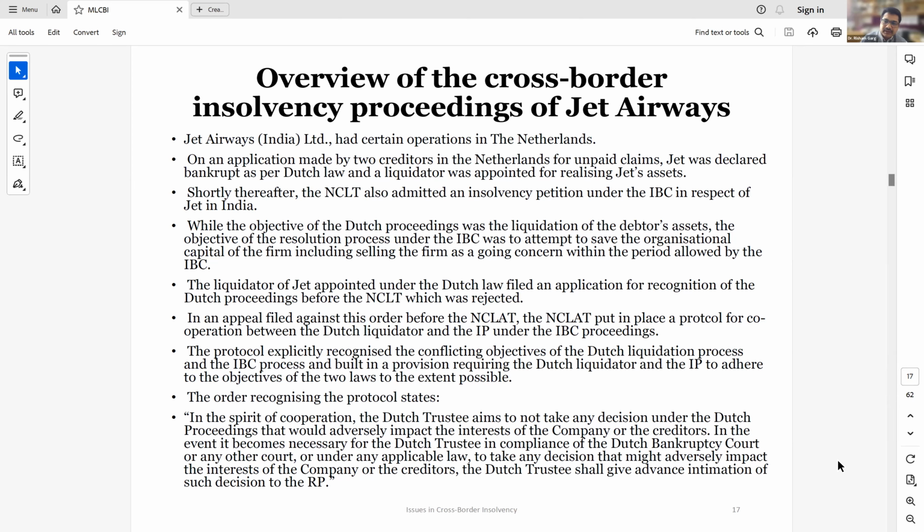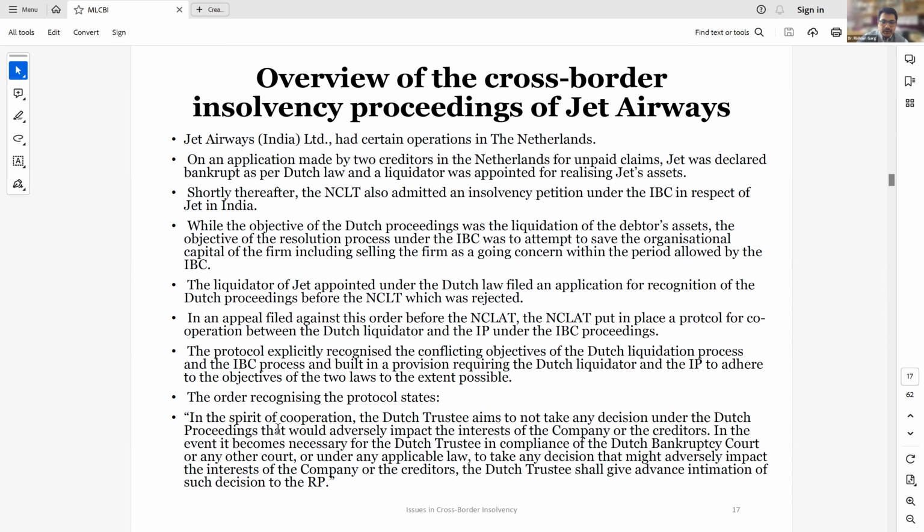And then they resolved this issue, and those aircraft were sold, and then the amount was distributed to the Dutch liquidator. So this is one case where the cross-border insolvency was resolved minus the law, but through adopting a protocol.